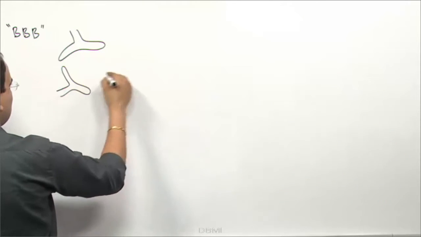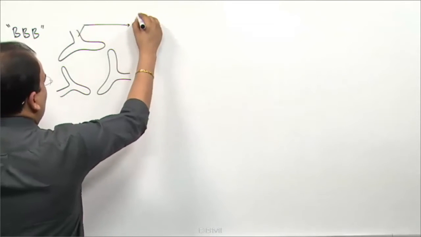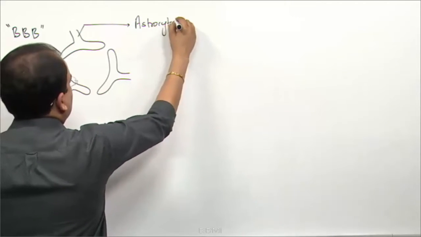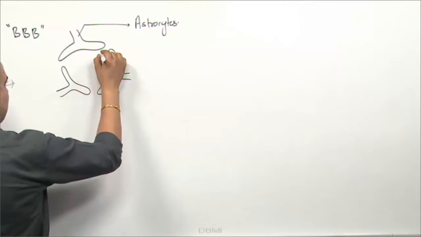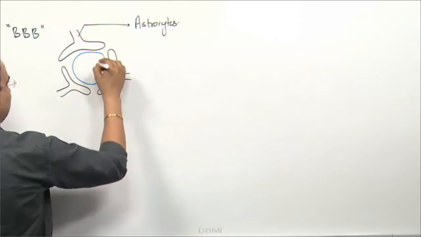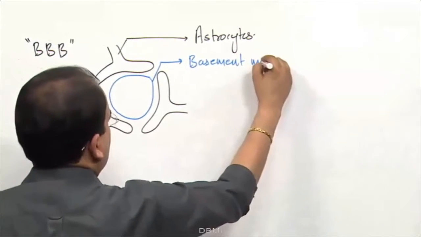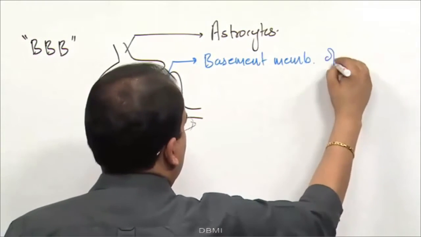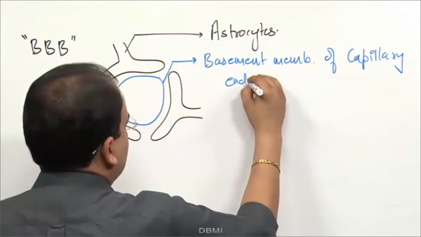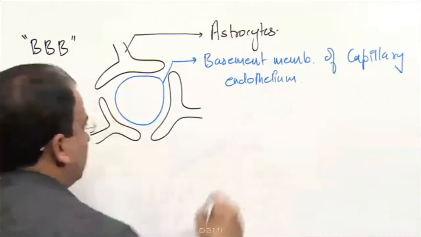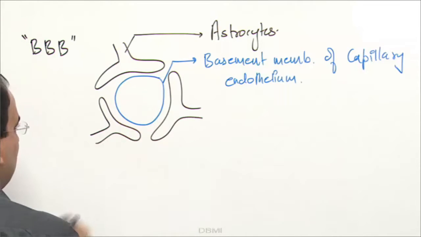If these are the foot processes of astrocytes, which is one of the components, another component of the blood-brain barrier is the basement membrane of capillary endothelium, and the tight junction between the capillary endothelium.